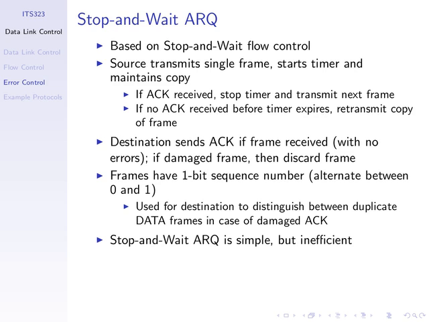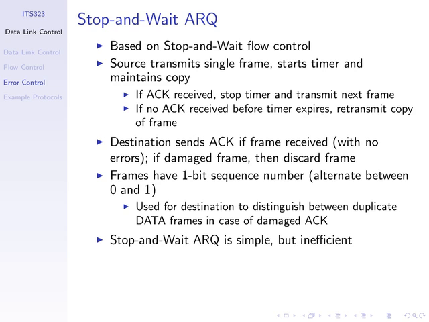And the destination, when it receives a frame that has no errors, will send an ACK. So receive a frame, if there are no errors, everything's okay, transmit a positive acknowledgement in reply. If it receives a damaged frame, that is, a frame that has bit errors and it detects those errors, it discards that frame, ignores it.